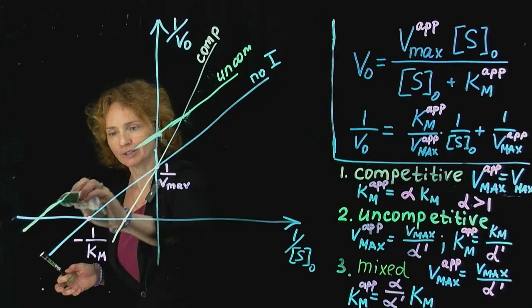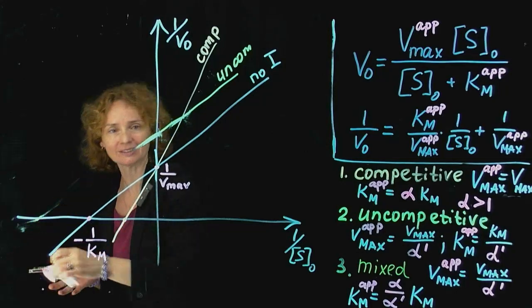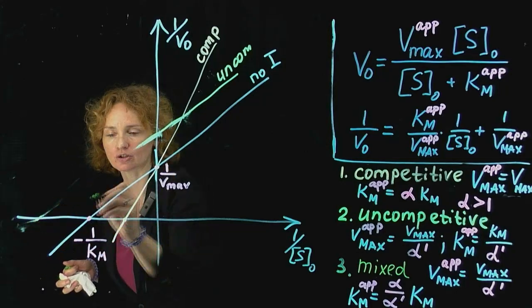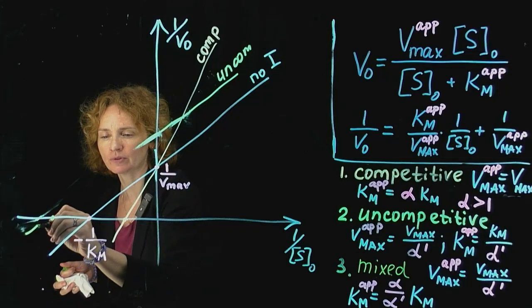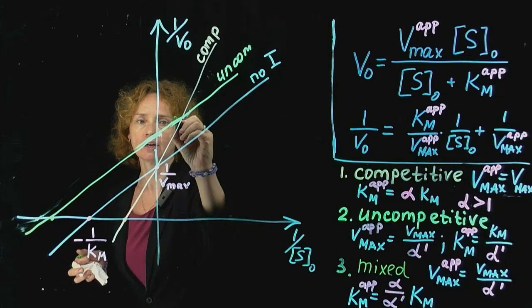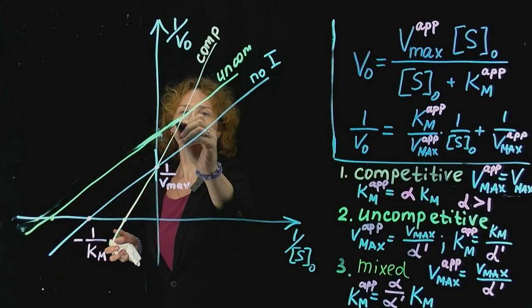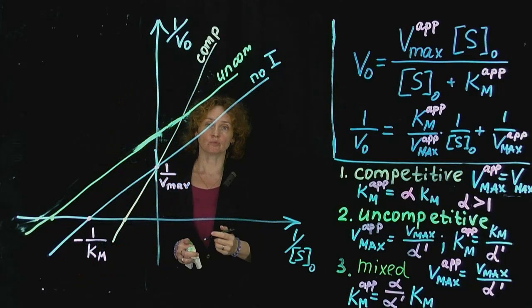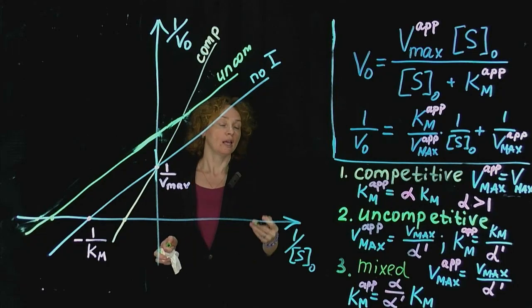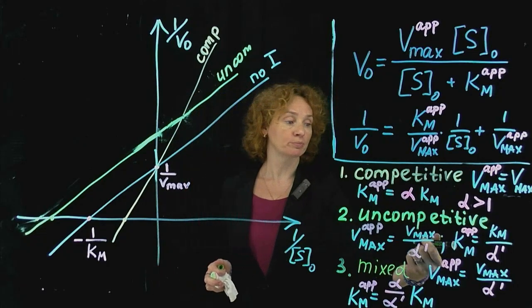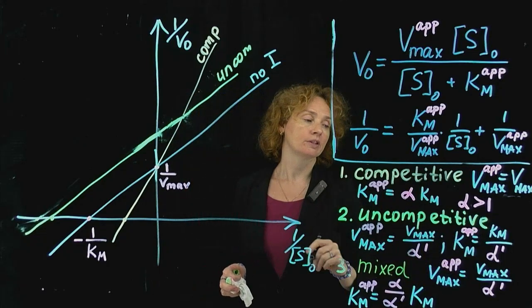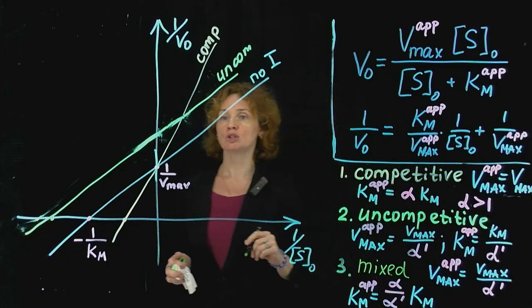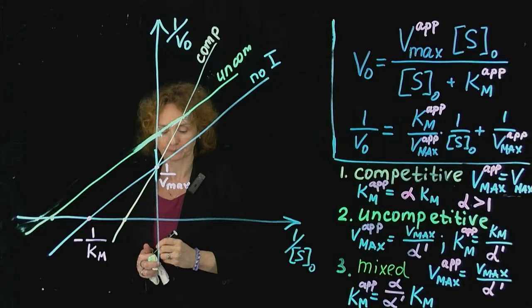I don't like when it's not parallel. It should be parallel, but it's not. So those distances should be the same, right? So that the ratios of apparent maximum velocity and maximum velocity in the absence of inhibitor, and the ratio of apparent Michaelis-Menten constant and the constant in the absence of inhibitor should be the same, right?